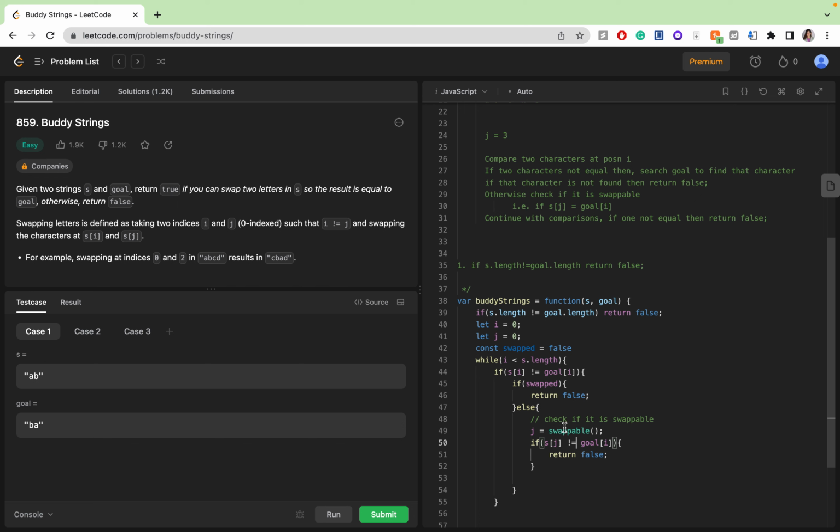If this is equal, then actually I don't even need swapped is equal to false. I can just say swapped position is -1, and if swapped position has some number, it means that it is already swapped, so return false.